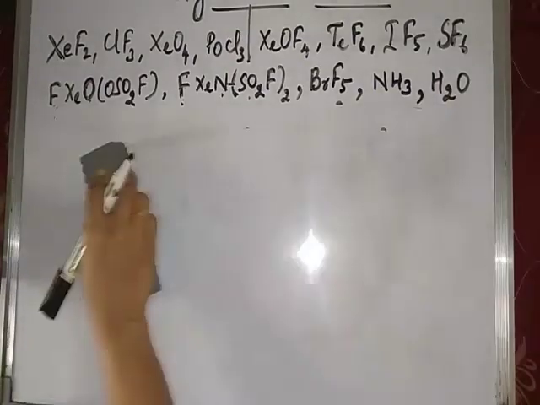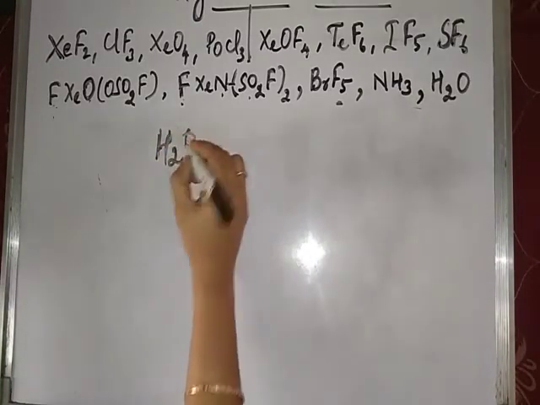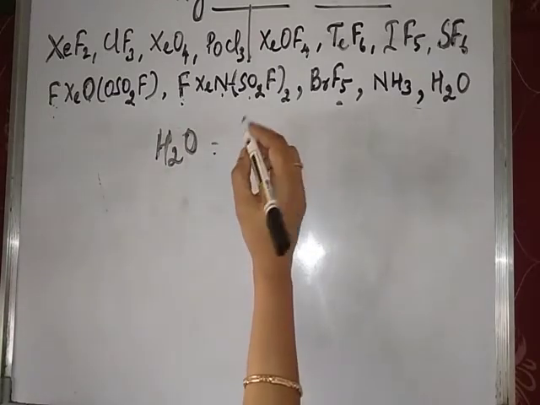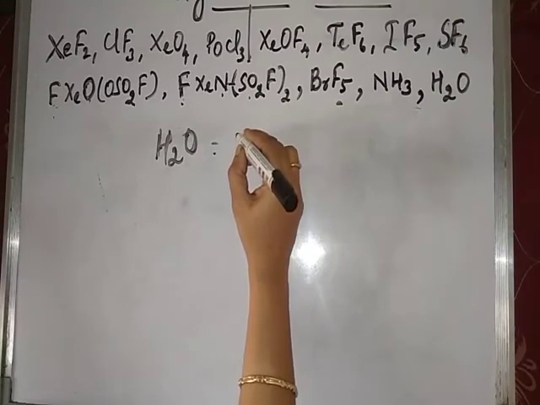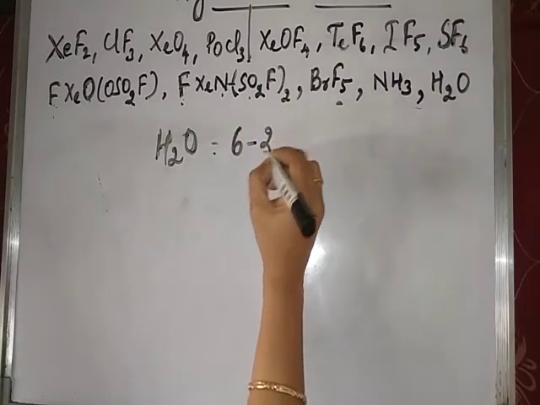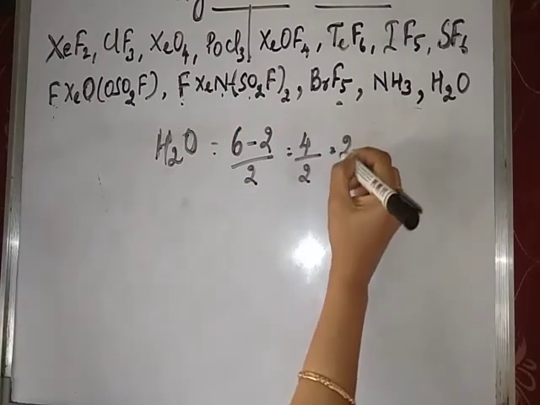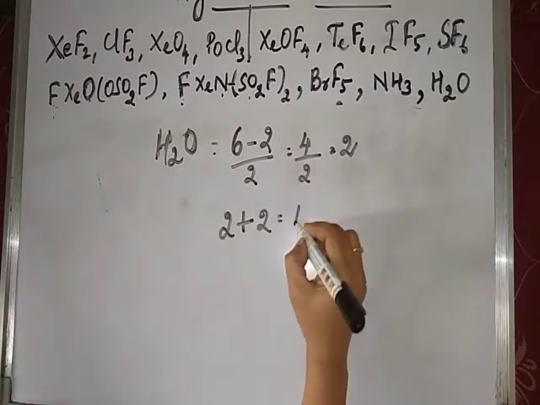And water, H2O. So oxygen has 6 valence electrons, minus 2, divided by 2. So 4 divided by 2, which is equal to 2 lone pairs of electrons, plus 2 bond pairs, which is equal to 4.